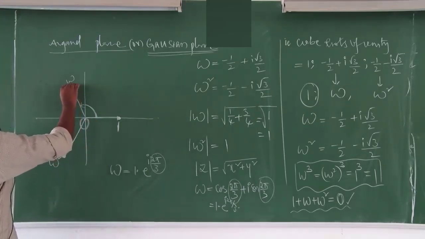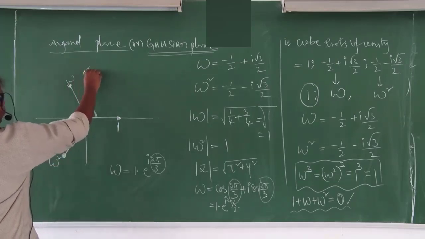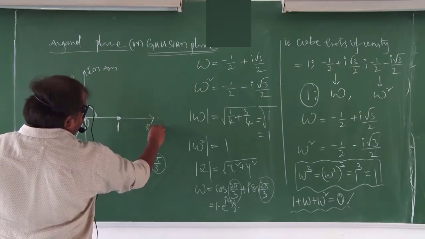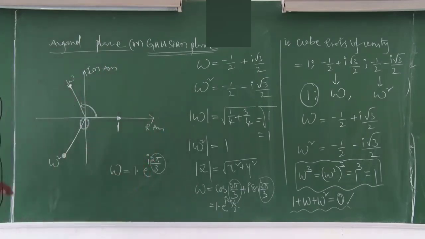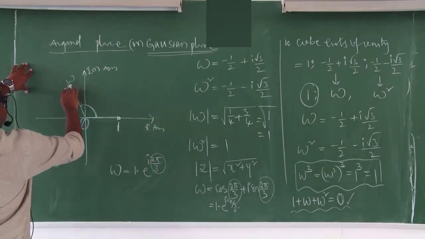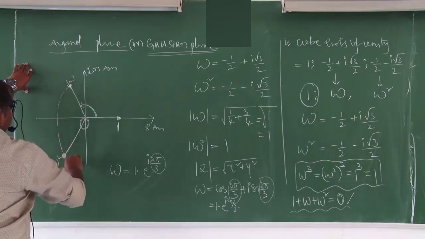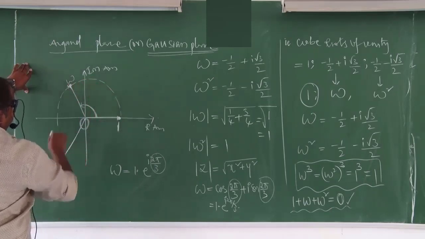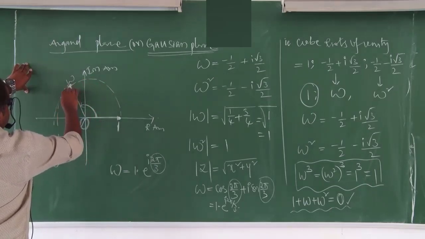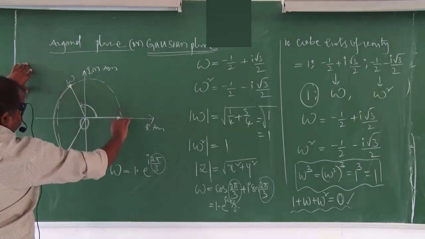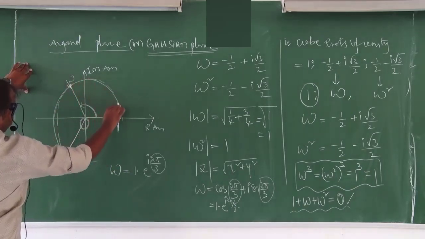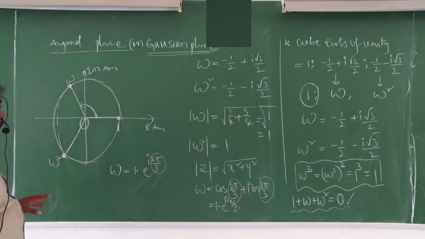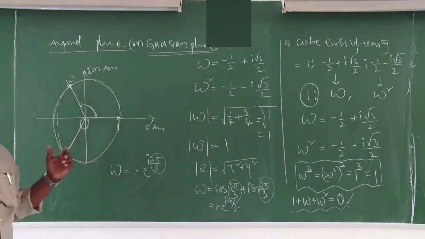This is the omega position, this is the imaginary axis, and this is the real axis. Now if you observe, these 3 points are lying on a circle, whose radius is 1 unit.